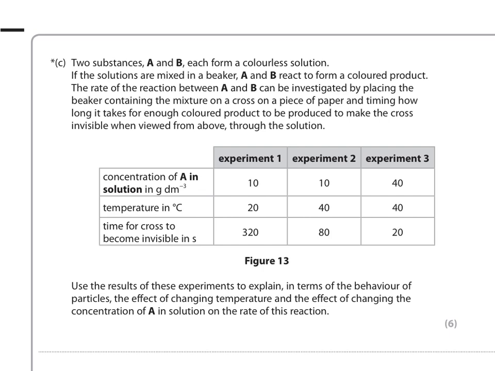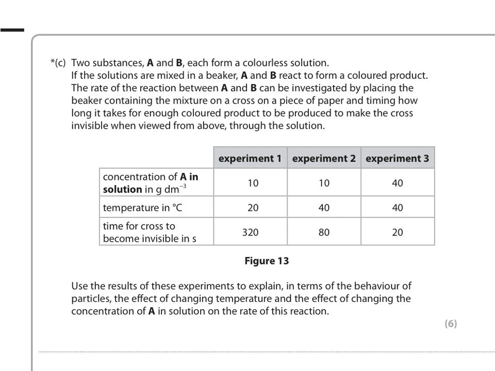And it then gives you a number of experiments. You've done 3 experiments where the concentration of A is varied, the temperature is varied, and you measure the time taken for the reaction to happen.